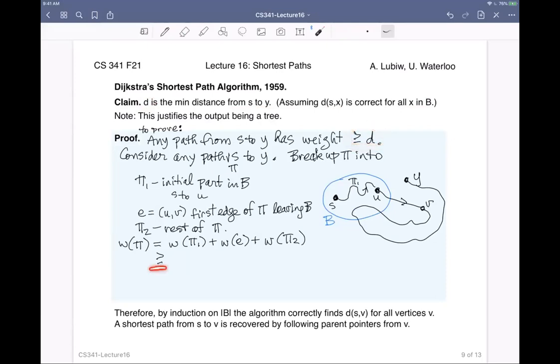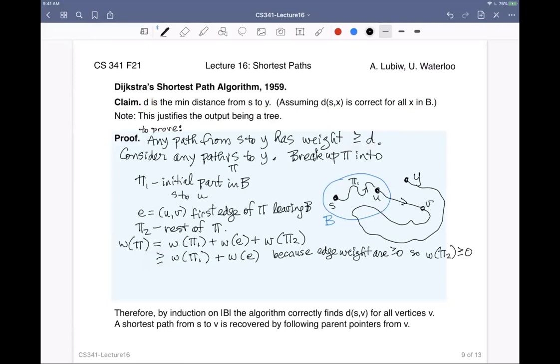So here I'm saying it's greater than or equal to, and I'm just going to take the weight of pi1 plus the weight of E. Well, why is this true? It depends very much that the edge weights are greater than or equal to 0. Okay, so this is because edge weights are greater than or equal to 0. And this means that the weight of pi2 is greater than or equal to 0. Okay, this would fail if we had negative weight edges.